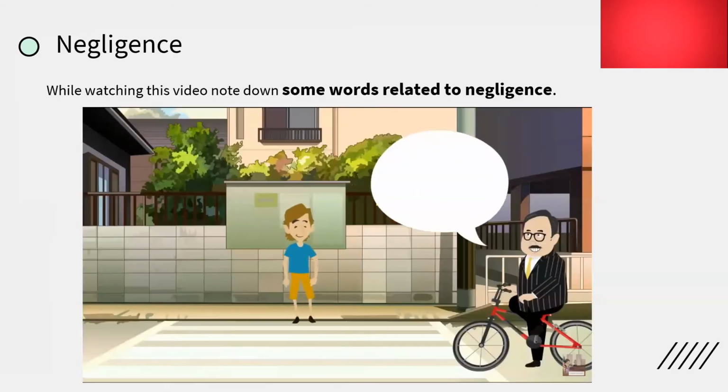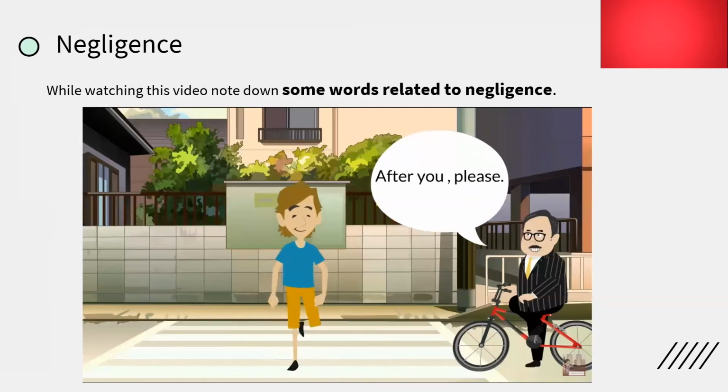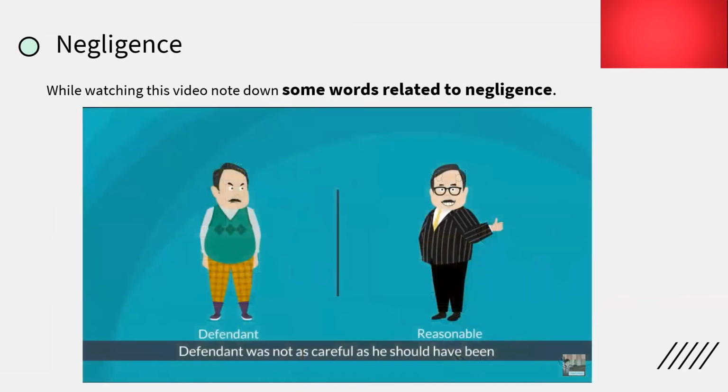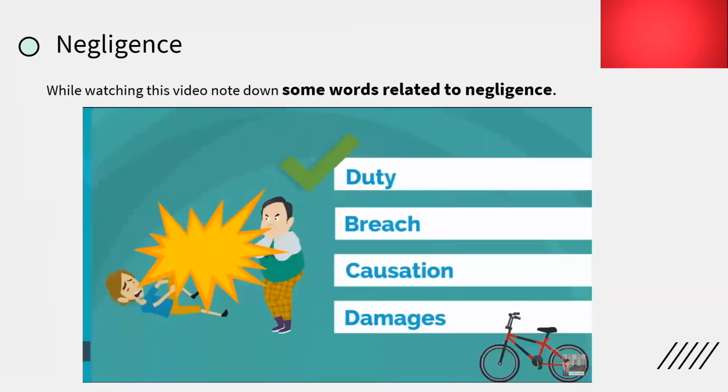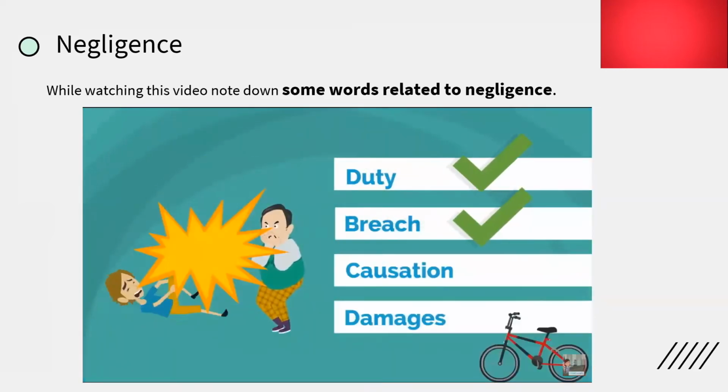Turning back to our case, people would probably say that a reasonable person would not speed through the crosswalk, and instead, a cyclist would slow down or stop. For this reason, Dudley was not as careful as he should have been. He was not as careful as the reasonable person, and therefore, he probably breached his duty of reasonable care.